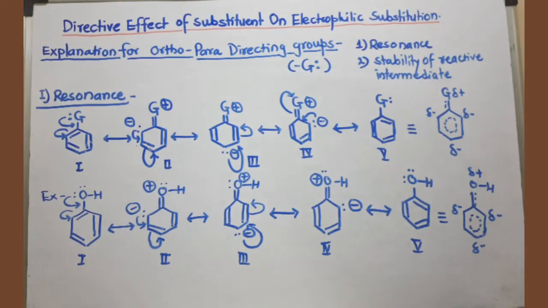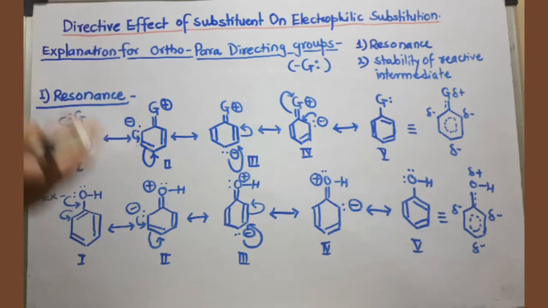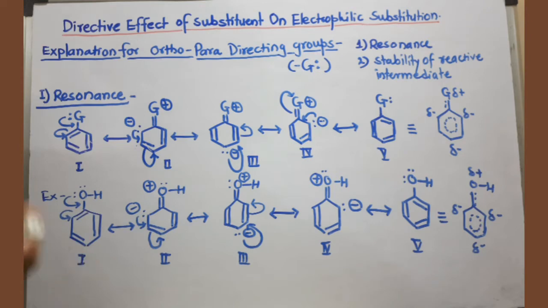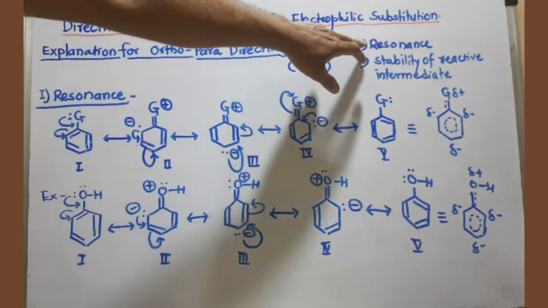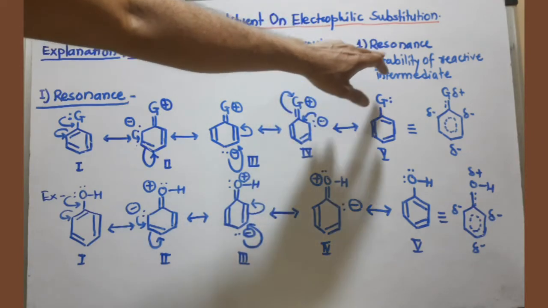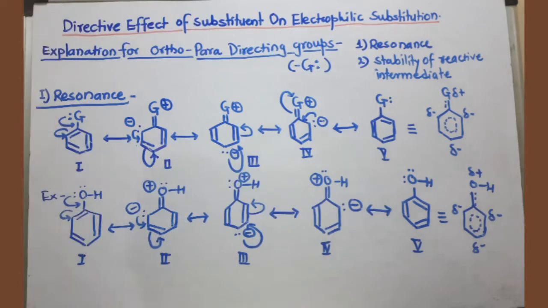Now we are going to discuss why ortho-para directing groups are actually ortho-para directors. To provide the explanation for ortho-para directors, we have to take the help of two things. One is resonance and another is stability of the reactive intermediate.